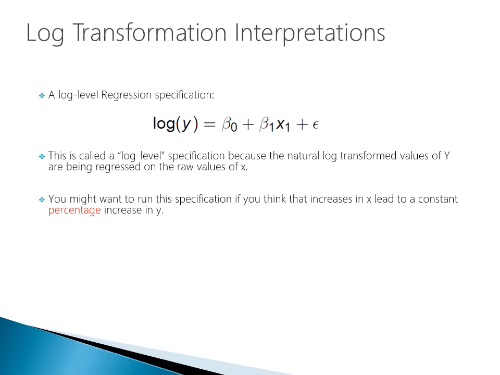We might want to run this particular form of a linear regression model if we think that increases in x lead to a constant percentage increase in y. Some examples would be wage on education, forest lumber volume on years. So instead of an absolute number for forest lumber, maybe it's a percentage growth over time.